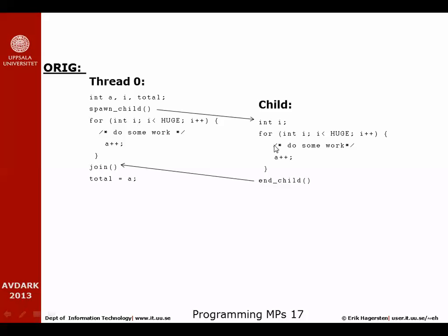So you will get a ping pong effect, where the variable A will ping pong between these two threads. That's not a very effective way of doing it.